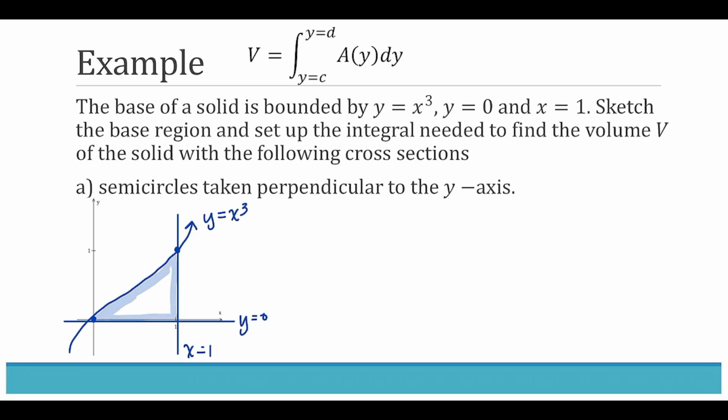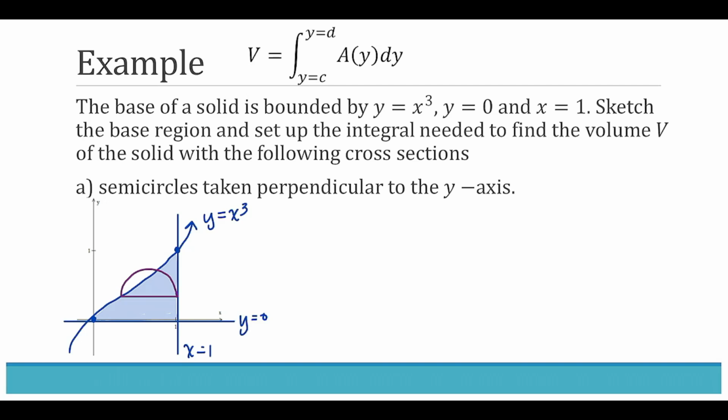And I'm told that my cross-sections are semicircles that are perpendicular to the y-axis. So I'm going to go ahead and sketch one of these cross-sections. So perpendicular to the y-axis is going to make my shape look something like this. This is my semicircle that again is sort of popping out of the base to create a three-dimensional solid.